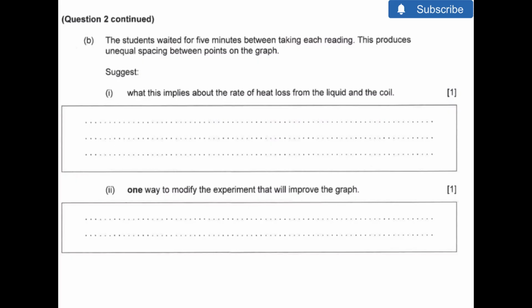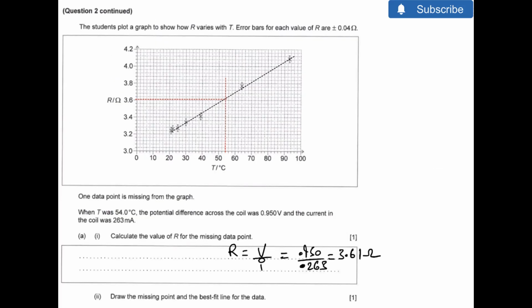Now, students waited for 5 minutes between taking each reading, and this produced an unequal spacing between the points on the graph. We have to suggest what this implies about the rate of heat loss from the liquid and the coil. Obviously, when the liquid is cooling down, its temperature is decreasing.